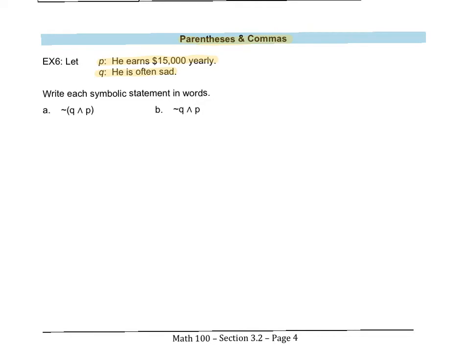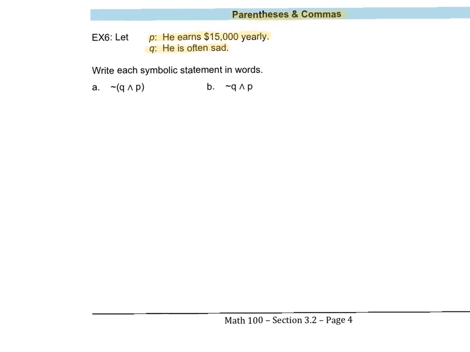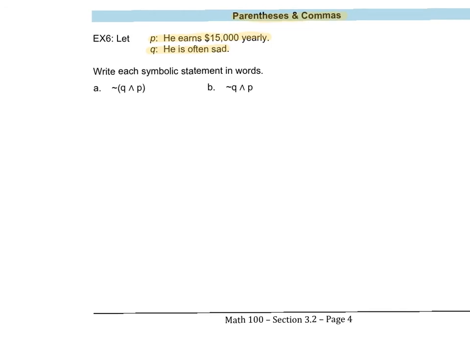So we're going to write each of these symbolic statements in words. Notice that in part A and B, the order is exactly the same. The only thing I've done is in part A, I have parentheses. In part B, I don't. So what we're going to do is see how we can translate using those parentheses. In the first statement A, the negation is on the outside of the parentheses.